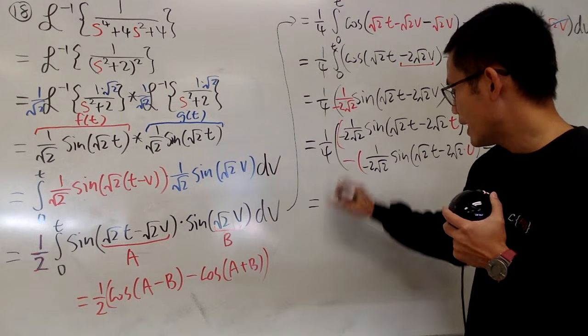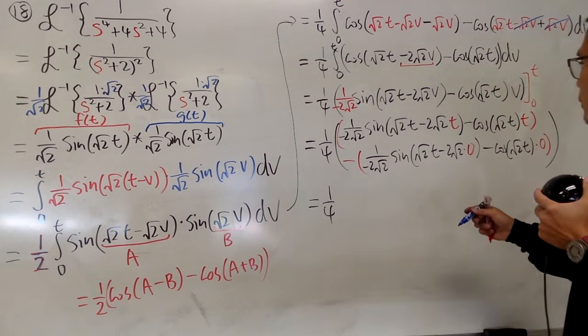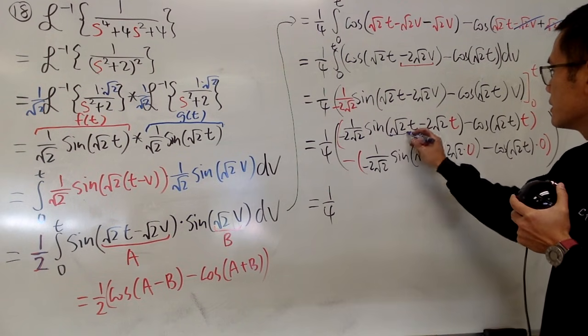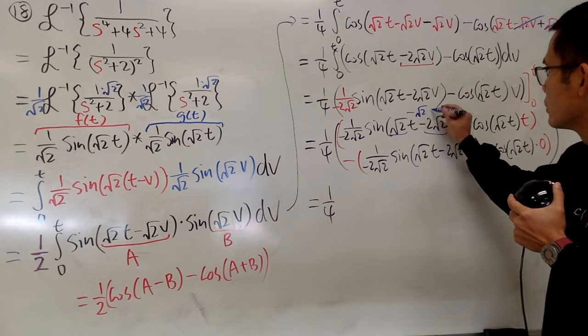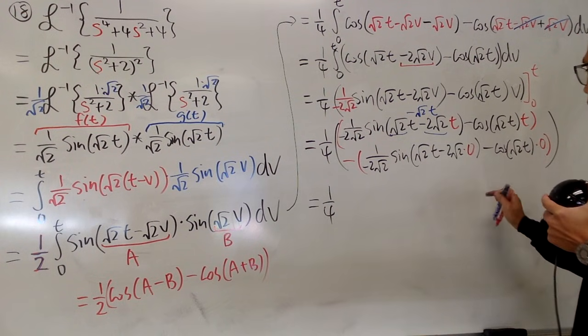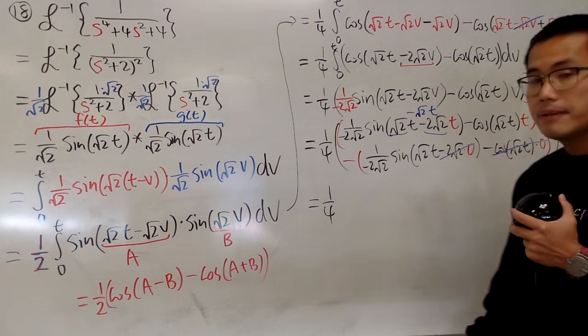Now finally, we have the 1 over 4, and let's simplify. This and that can be combined as negative square root of 2t. So that's good. This is just that, doesn't really do much. This is out, this is out, right?